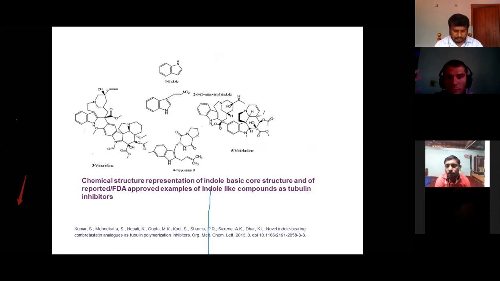It's verbustine. You see the big molecules, and some imidazole compounds have indoles.